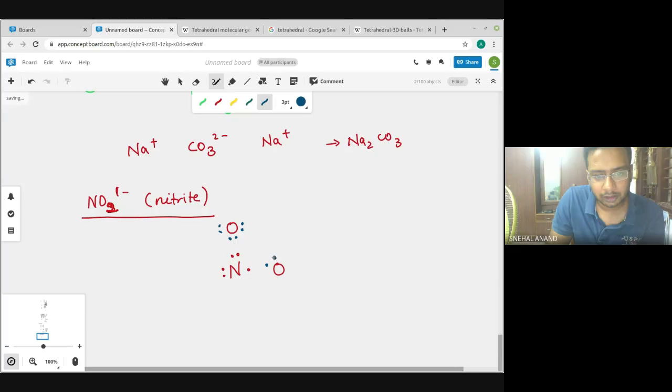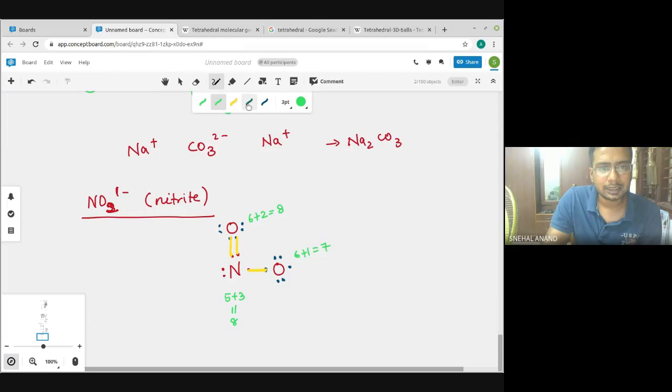This oxygen also has 6 electrons. Then this nitrogen asks this oxygen to share 2 electrons. Same thing it does with this oxygen also. Now after sharing 3 electrons, this nitrogen gets a total of 5 plus 3, which is 8 electrons. This oxygen gets 6 plus 2, which is 8 electrons. And this oxygen gets 6 plus 1, which is 7 electrons. This needs one more, correct?